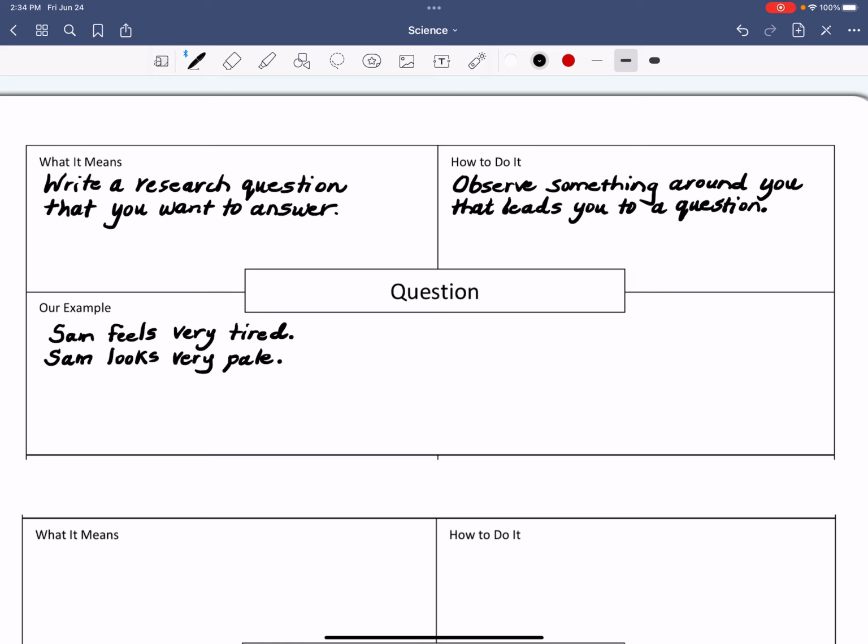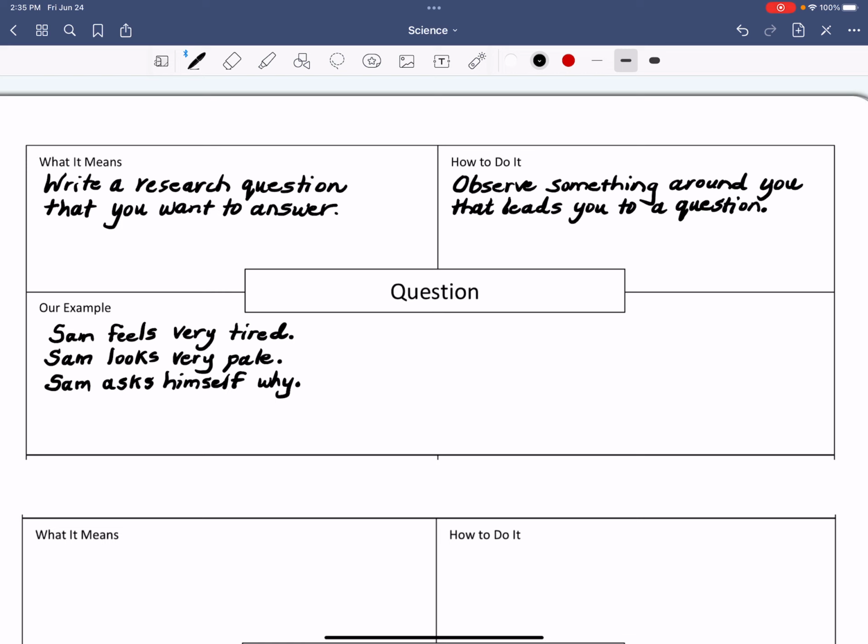He's not looking healthy. Okay. Sam, here's the research question. Sam asks himself, why? So there's the research question. Why do I feel tired and why do I look pale?